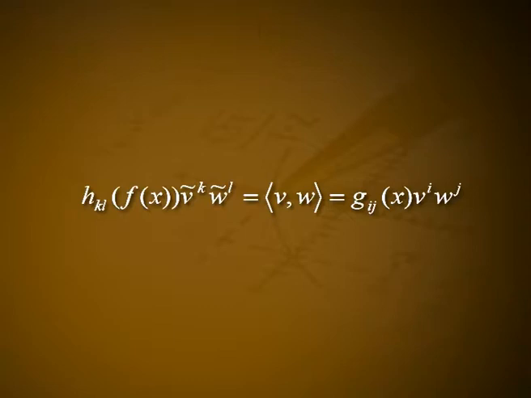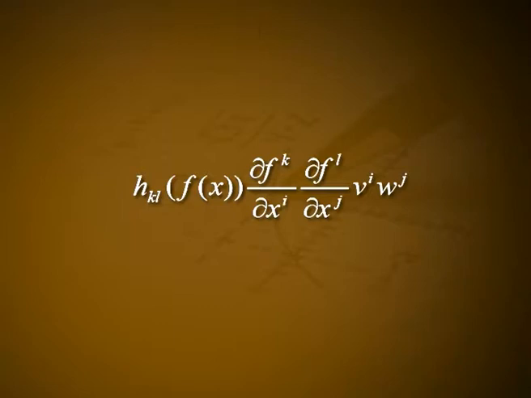It follows that hkl(f(x)) ṽk w̃l is equal to the inner product ⟨v, w⟩, which is equal to gij(x) vi wj. Hence, hkl(f(x)) ∂fk/∂xi ∂fl/∂xj vi wj is equal to gij(x) vi wj.